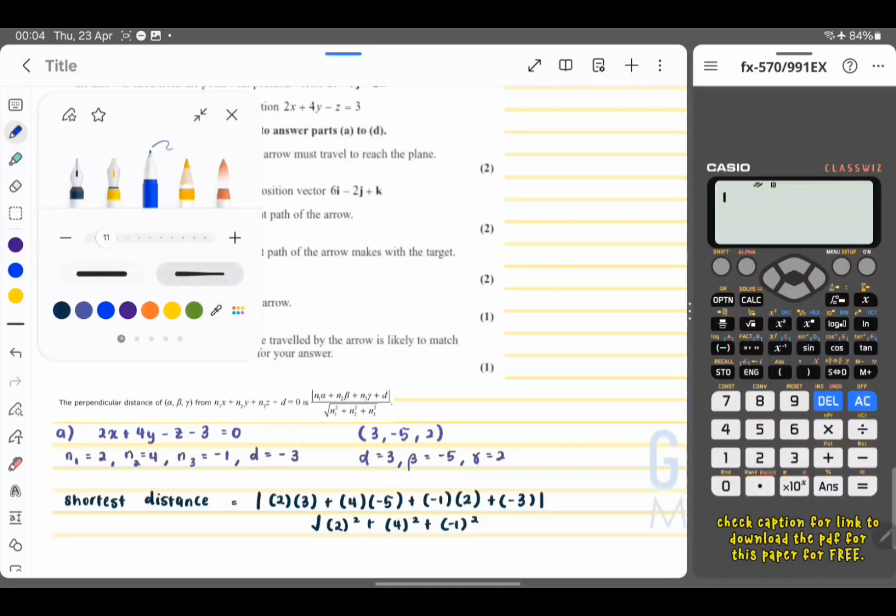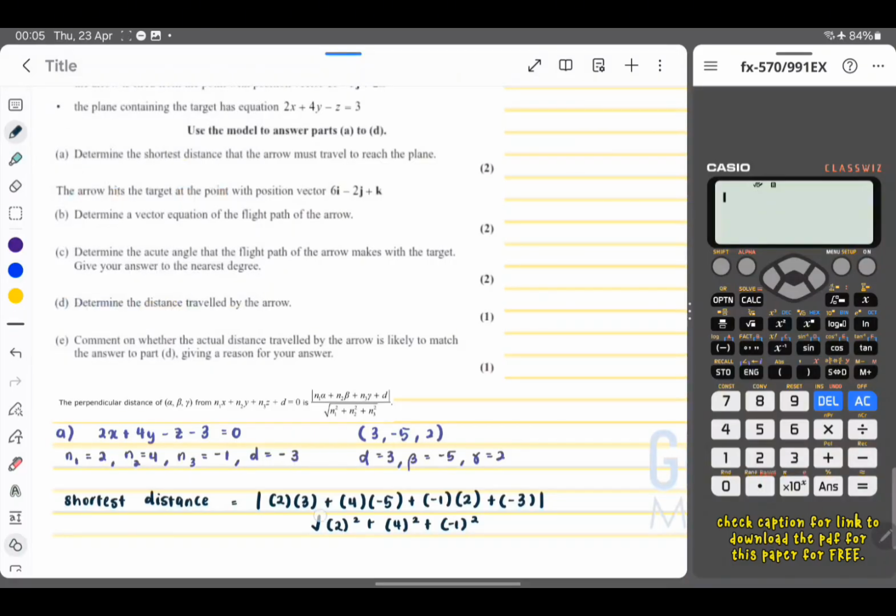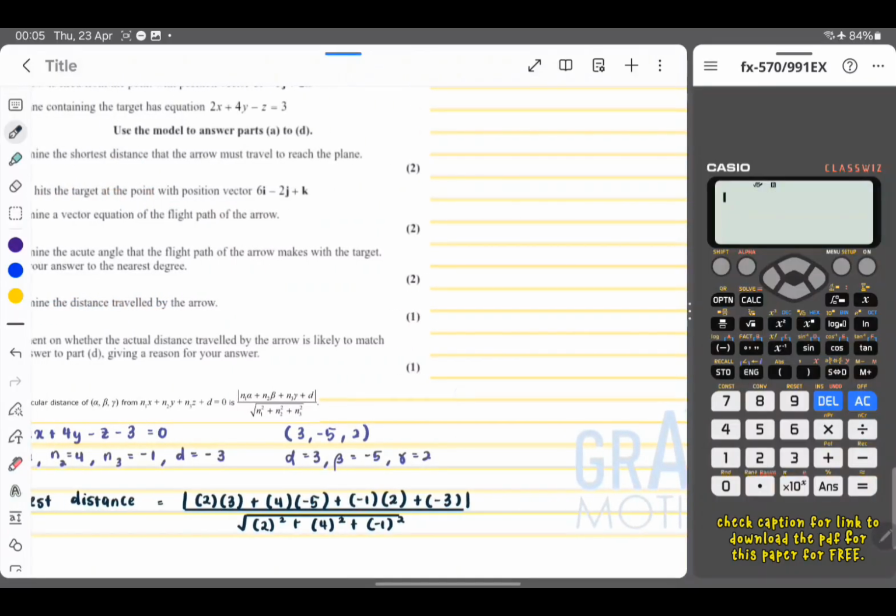Okay, let's just draw the line. There we go. Okay, let's use our calculator to find the values. So here we have 2 times 3 plus 4 times -5 plus -1 times 2 plus -3.